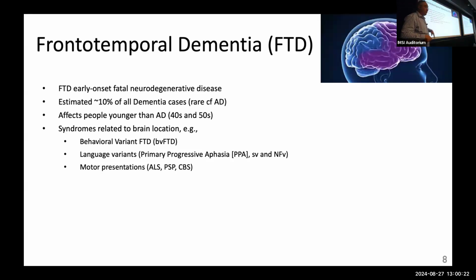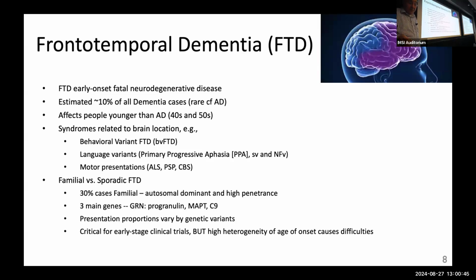We have behavioral variants where you start behaving inappropriately, and language variants where you can't find the words you want to say. You know what the object is, but you can't pick the word for it, or the other way around: you know the name of the object, but you don't know what it's for. And then there are also motor presentations you might be familiar with, like ALS, PSP, and CBS.